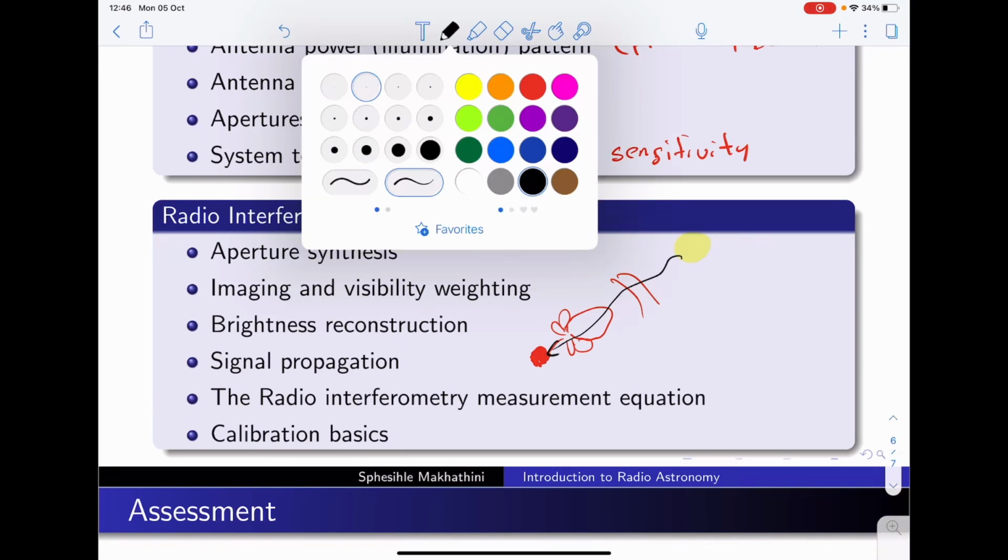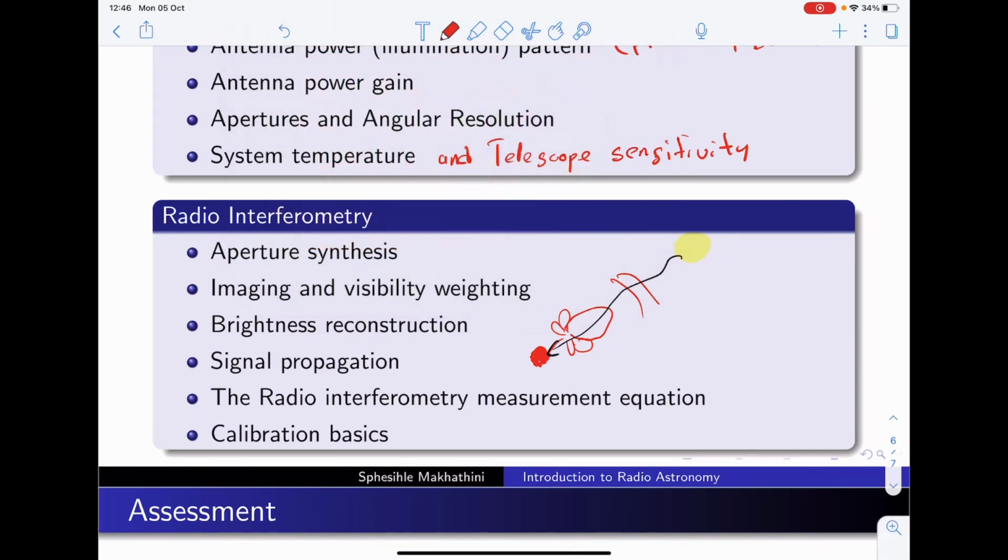So we're going to study this process in some detail, which will lead us to the RIME, or the radio interferometry measurement equation. Probably one of the most important equations in radio interferometry, and also one of the most consequential in recent times. And then when we're done with that, we're going to go through calibration basics.